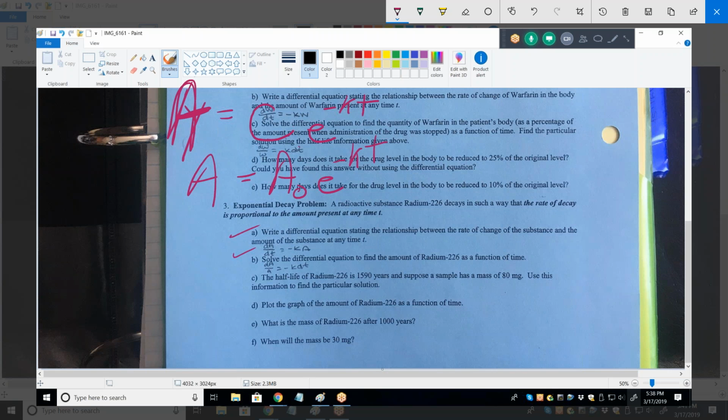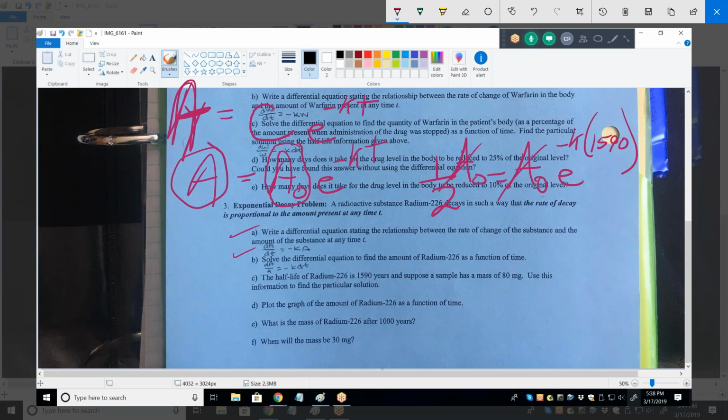Well, if that's the amount we start with, and after 1,590 years, it's going to be 1/2 of that amount. So let's plug that in. 1/2 a sub 0, the starting amount, equals a sub 0 e to the minus k times 1,590 years. The a sub zeros cancel out, and now you can just solve for k.